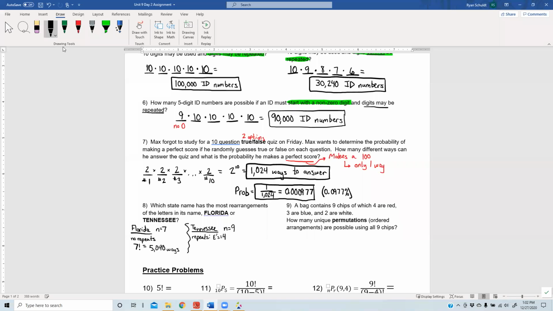There's 4. How many N's do I have? There's 2. What about S's? 2 S's. So if I want unique arrangements, that's going to be 9 factorial over 4 factorial times 2 factorial times 2 factorial.